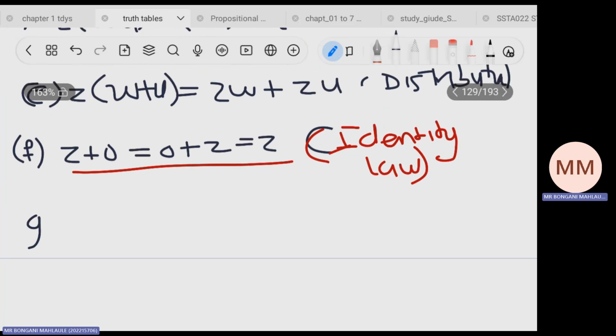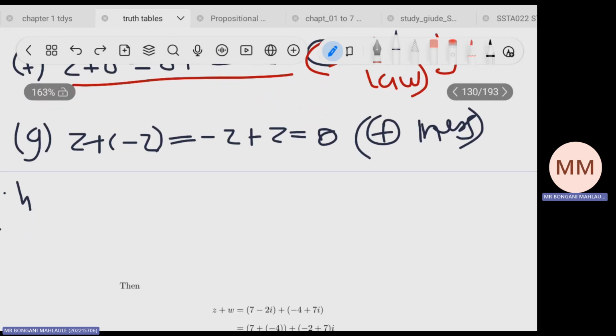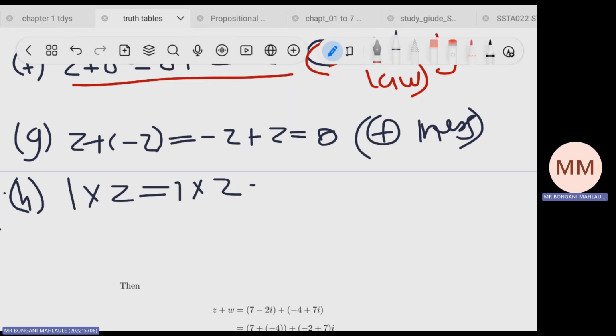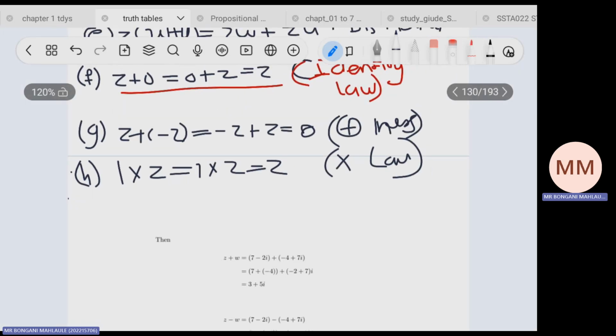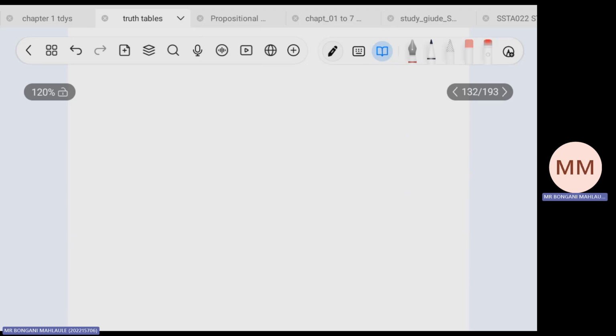Anything plus 0 is that number. Then we also have the additive inverse law. So you get this. And this is by additive inverse. Then the last one, 1 times z is equal to z, multiplication law. Okay, so these are just some of the things that you must know.